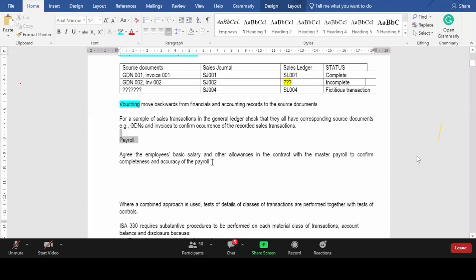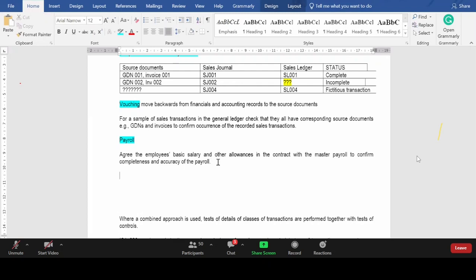You see this test, you're moving forward from the contract to the payroll. So it will help you in the payroll as they are stipulated in the contract. But you can still reverse this one to test for occurrence and existence.